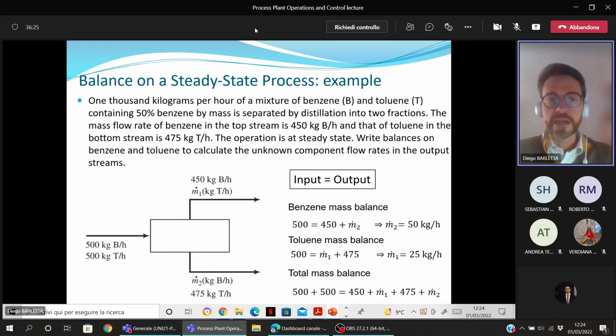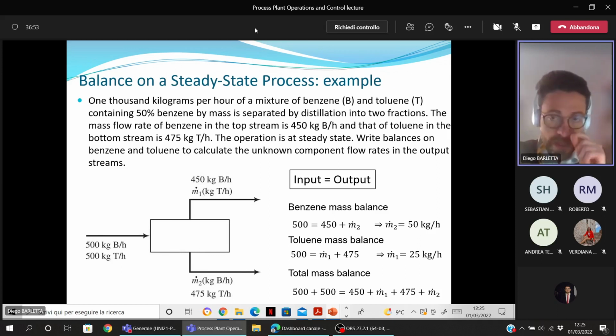The mass flow rate of benzene in the top stream is 450 kilogram of benzene per hour, and that of toluene in the bottom stream is 475 kilogram of toluene per hour. The operation is at steady state. Write balances on benzene and toluene to calculate the unknown component flow rates in the output stream.